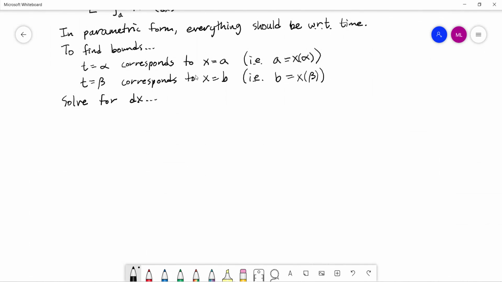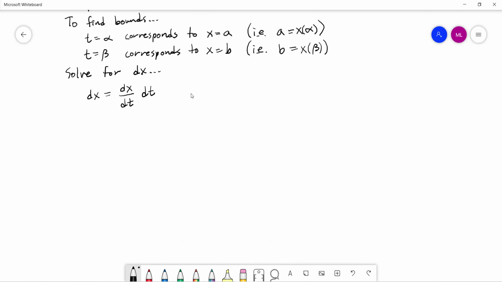To solve for what dx is going to look like, I want to remember that dx is really going to be dx/dt times dt. That using our Leibniz notation, if x is a function of t, we can write it as dx/dt using our chain rule. So this is the way that we're going to solve for what dx is.